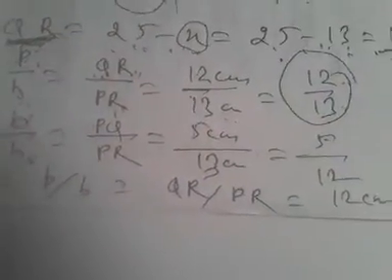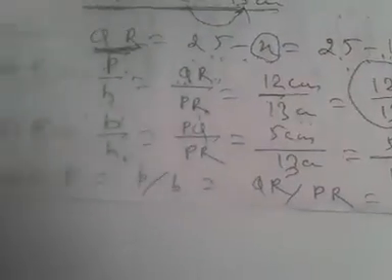Next one is cos P, which is equal to the ratio of B and H, base and hypotenuse. Base is over here PQ and H is PR. So it can be expressed as 5 centimeter by 13 centimeter, which is equal to 5 by 13. Similarly, tan P can be expressed as the ratio of P and B, which is equal to QR by PQ.